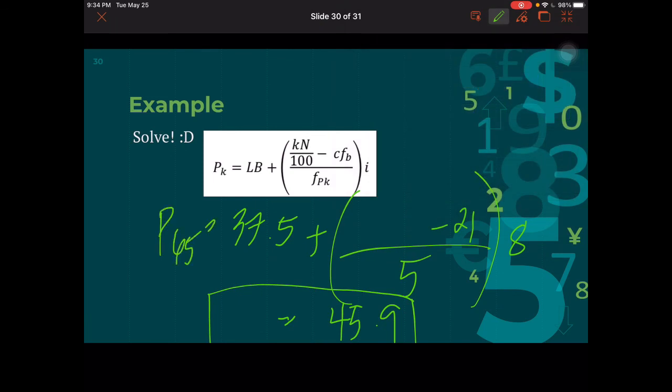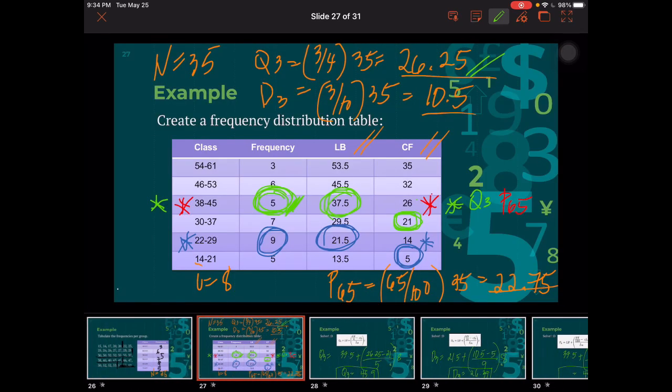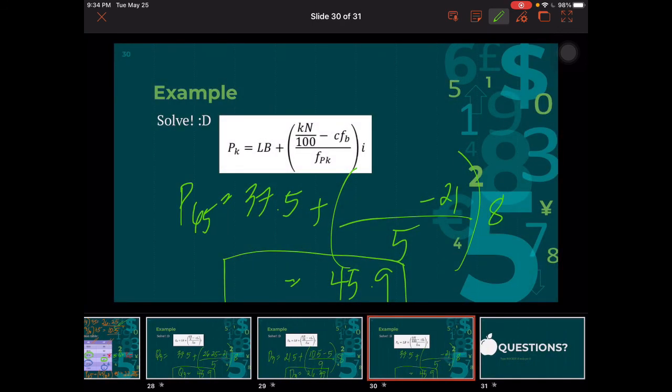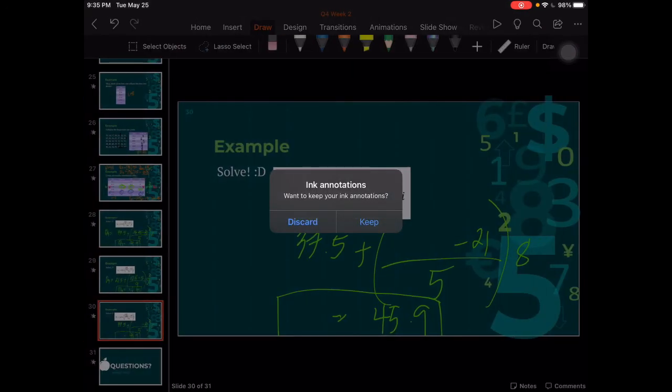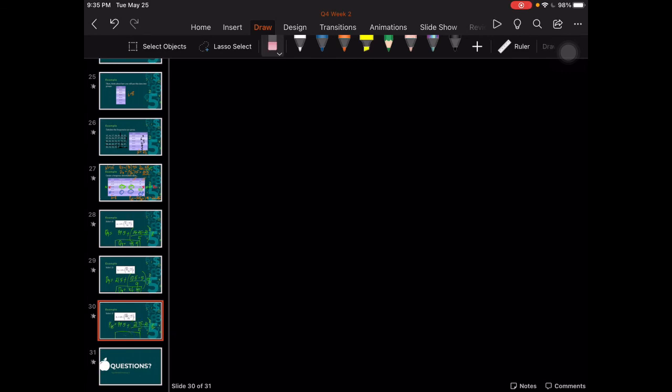So we're looking for the 65th percentile. So remember, the position that we got for P65 is 22.75. So we're going to put that here, 22.75. So lower boundary is the same, and then you have your previous cumulative frequency divided by your frequency times your class interval. So, syempre, mag-iiba na rin yung sagot natin. I'm gonna erase this.